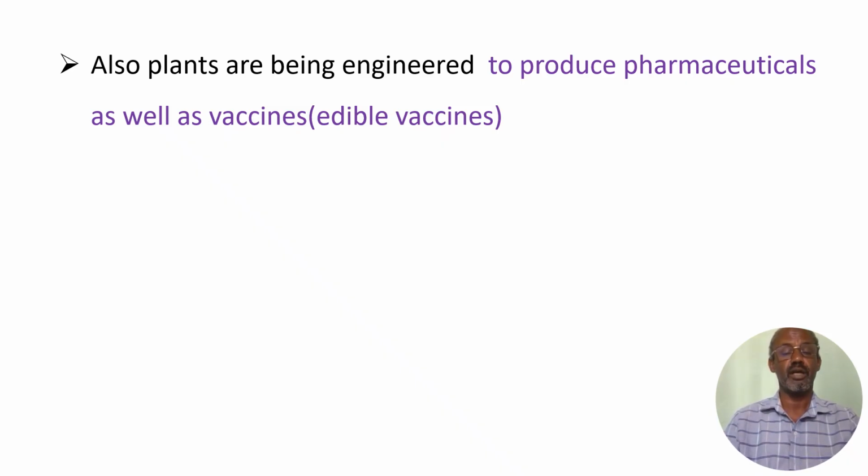We can genetically engineer plants to produce proteins that serve as vaccines in their fruit, so that when you eat the fruit, you are benefiting your body with the vaccine, so that your body will be ready to defend against that particular pathogen.